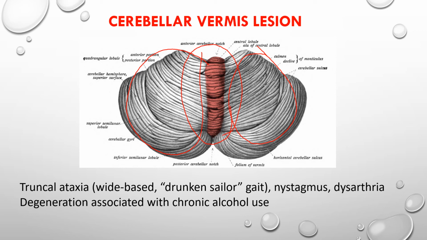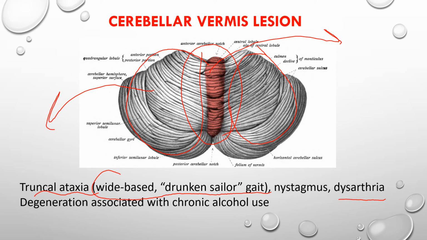So, the cerebellar hemispheres being laterally located affect the limbs of our body, whereas the vermis being centrally located affects the central body, that is the trunk of our body, in the case of cerebellar vermis lesion, and the individual thus suffers from truncal ataxia that includes wide-based drunken cerebellar gait, nystagmus and dysarthria.